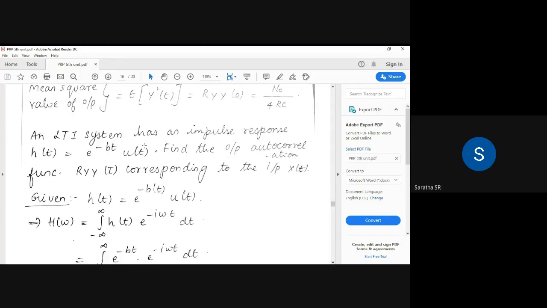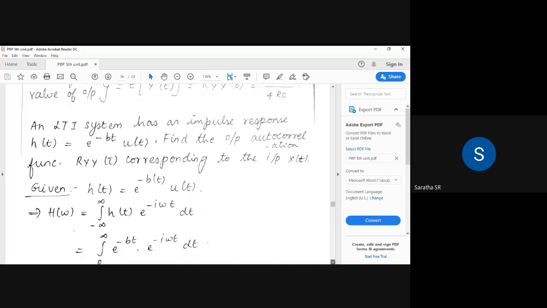Here Rxx of tau, that is the input autocorrelation function, is not given, but we have to find the corresponding autocorrelation function for the output. Here h of t is given, but the Rxx of tau value is not given. That means we take Rxx of tau as it is.